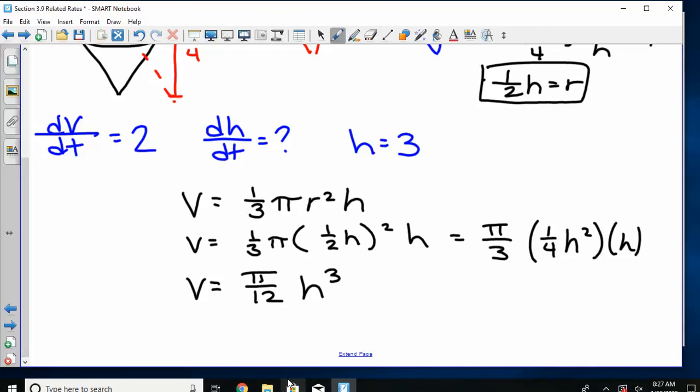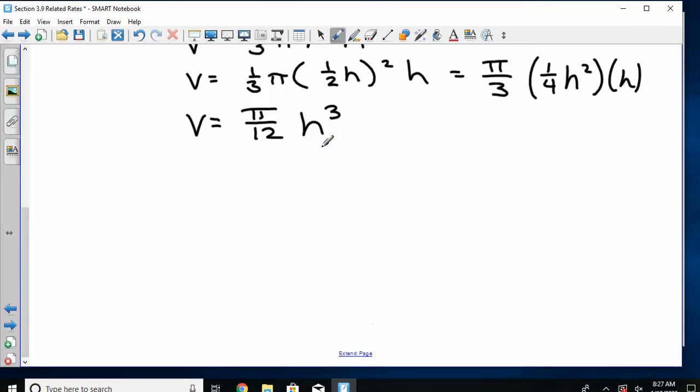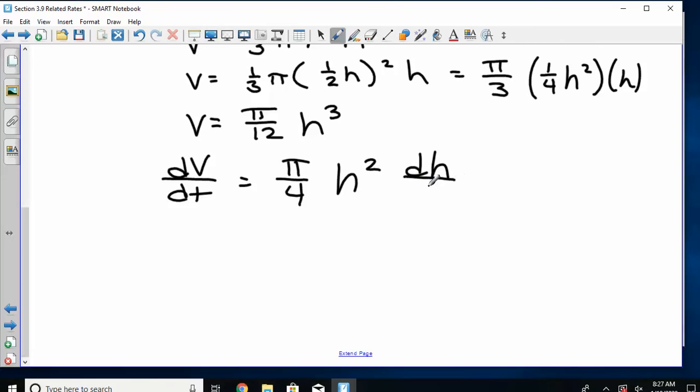From here, now what am I ready to do? Derivative. We have a much prettier equation, so let's just do this derivative. Derivative of v would be dv dt. Over here, the 3 comes down, so 3 pi over 12, or just pi over 4. h, subtract 1 from the power, and it gets a dh dt.